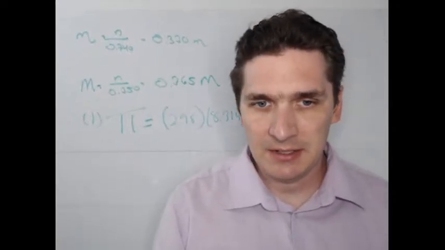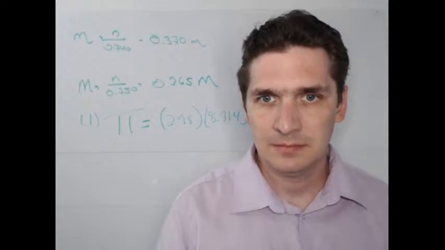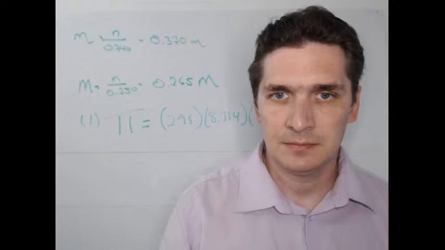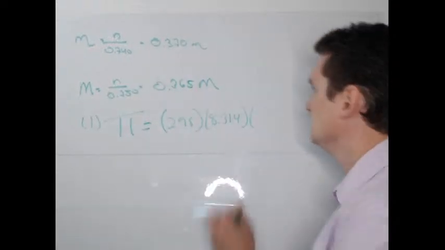The van't Hoff factor, i, for HCl is 1.9.